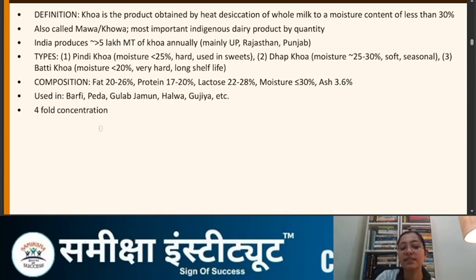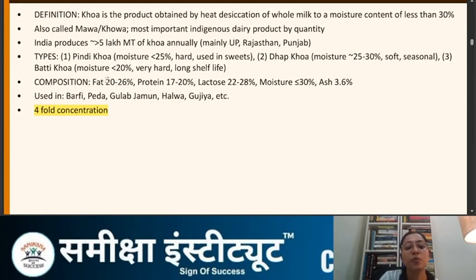If we consider 4-fold concentration, and the initial value was around 5%, which is usually the case, mostly fat percentage around 5%, then if we concentrate it 4-fold, it will go up to 20%. The approximate value you can remember is around 5% initially.